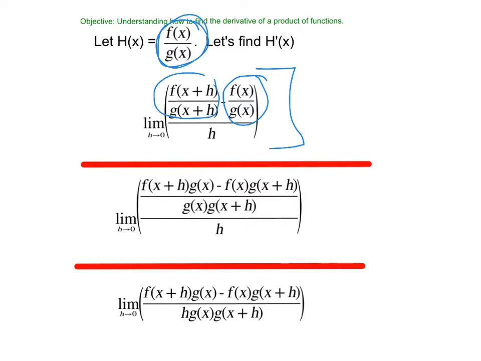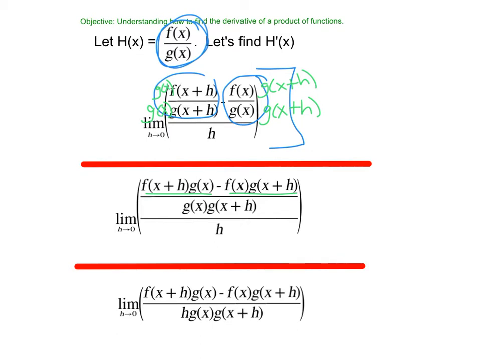And think about it, what do we always do every single time when we have a fraction? We always just find the common denominator. So on this left side, we multiply by g of x on the bottom and the top. Over here, we multiply by g of x plus h, and that gives us this.